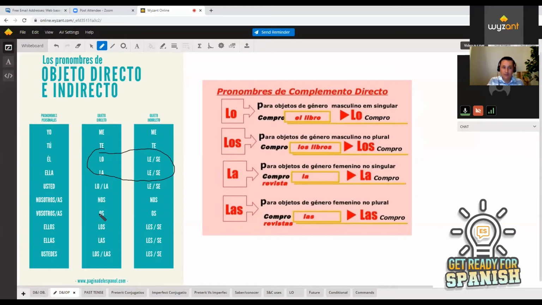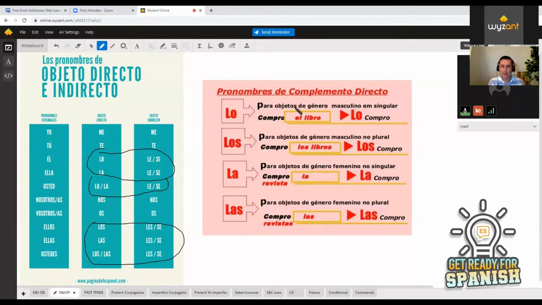Those will be different, and these ones here also will be a little different, okay? So it's not like you're going to have to memorize a lot. As a matter of fact, you're going to be using this a lot, okay? The more you use it, the easier it's going to be to remember.